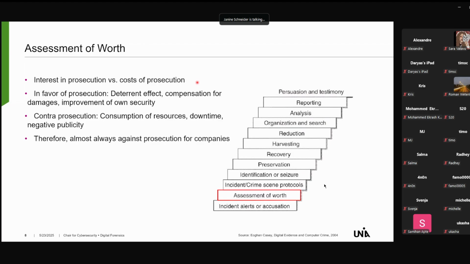The police cannot decide if they investigate an incident. For example, if somebody stole something at a supermarket, they have to investigate.